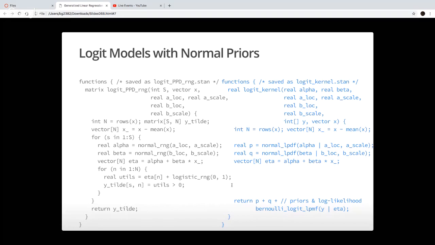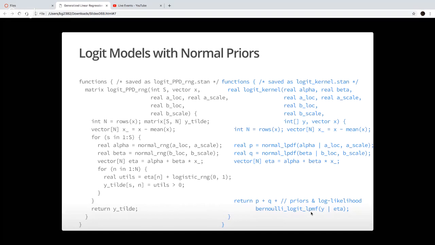So this p plus q plus bernoulli_logit_lpmf is a scalar, and all we have to do is basically normalize that. But in order to do that, we would have to integrate over alpha and beta, so a double integral, in order to get the denominator of Bayes' rule.